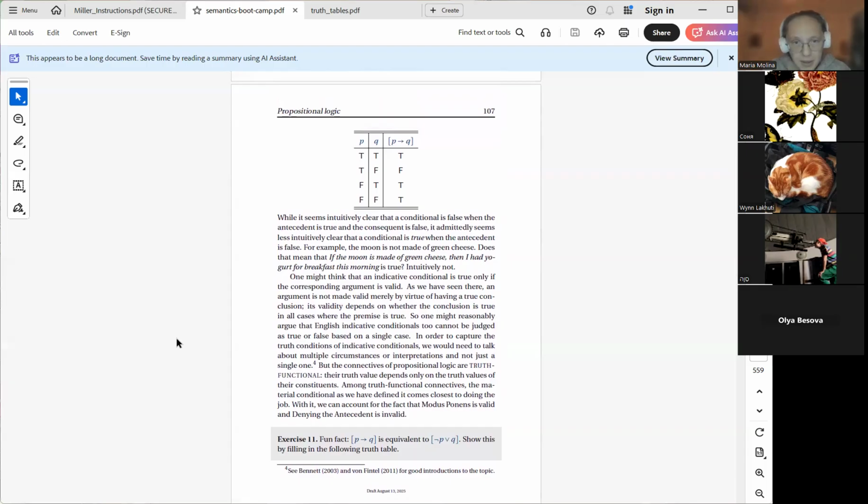Okay, but the connectives of propositional logic, so far as we're talking about propositional logic, are truth functional. Their truth value depends only on the truth values of their constituents. That's what I was talking about when I said that we're just checking the truth values after feeding the truth values of premise and conclusion into the formula.